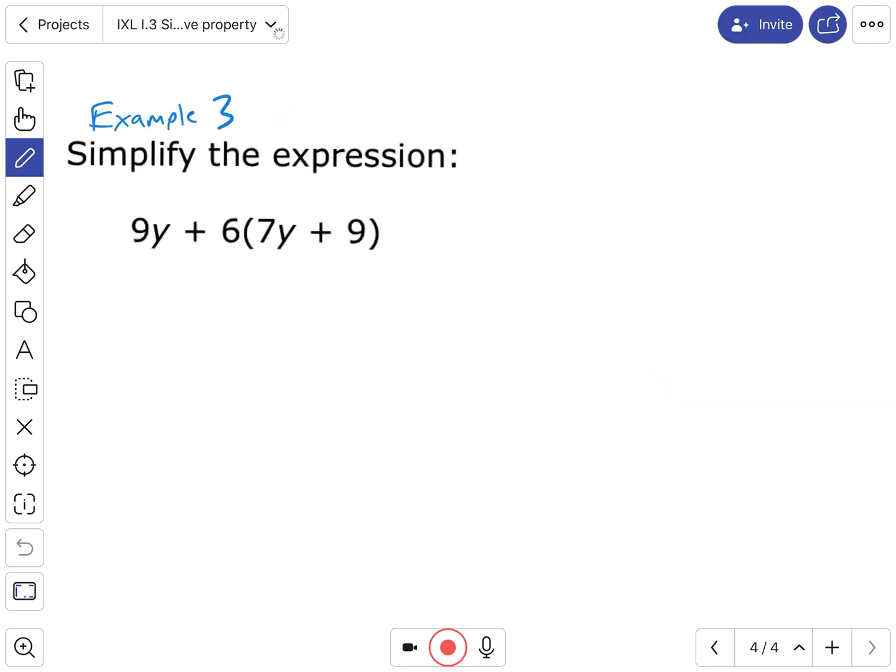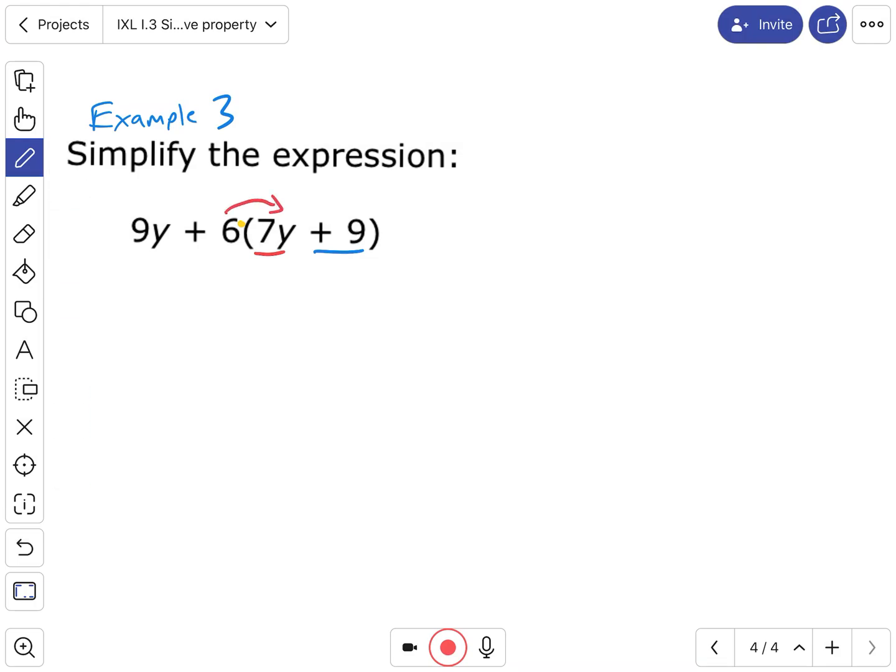Okay, last one. Now this one's interesting because the 9y is in front, but notice here we do have two terms in the parentheses. Those are not like terms. There is multiplication going on here with the 6 times that value. So we're going to distribute.